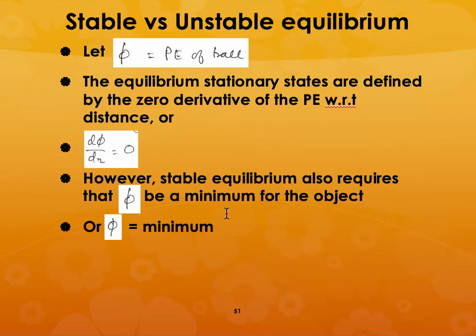So from that you can calculate those values. You also have to require that the potential energy be a minimum for the object, or phi is equal to a minimum.